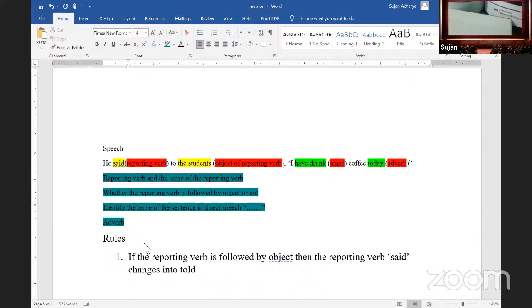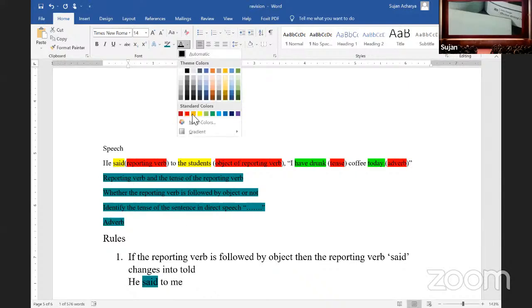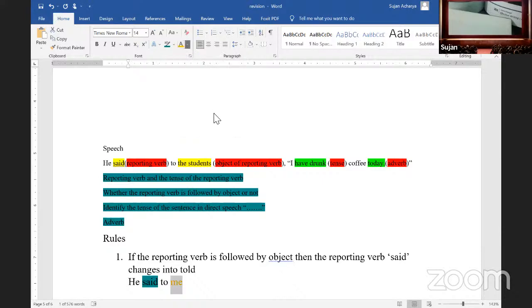Example: if the reporting verb is followed by an object, now this me is the object of the reporting verb. Me is the object of the reporting verb. Now the reporting verb is followed by an object, so if the reporting verb is followed by an object, said changes into told.